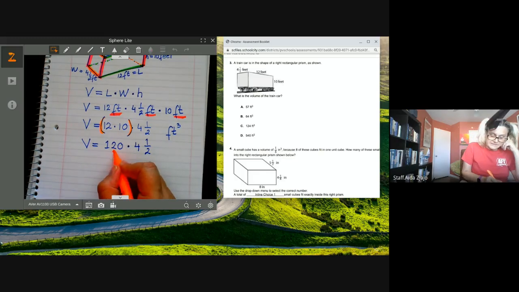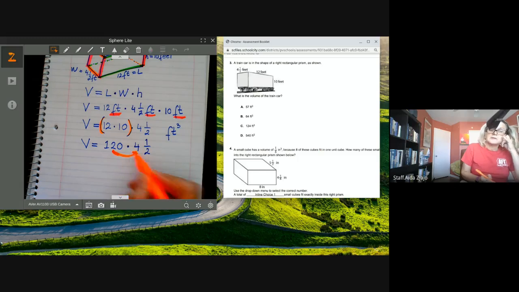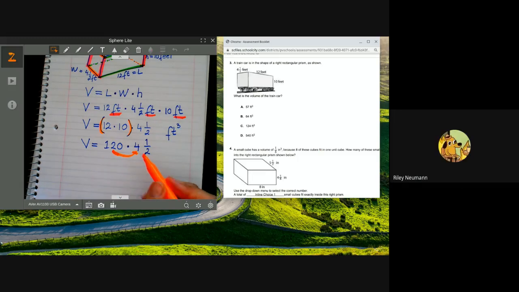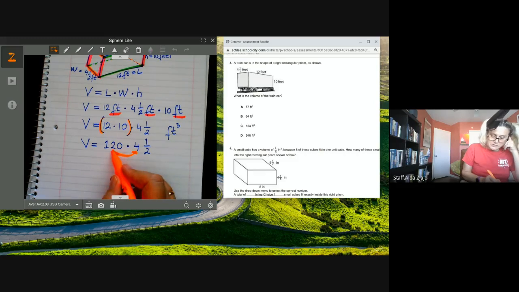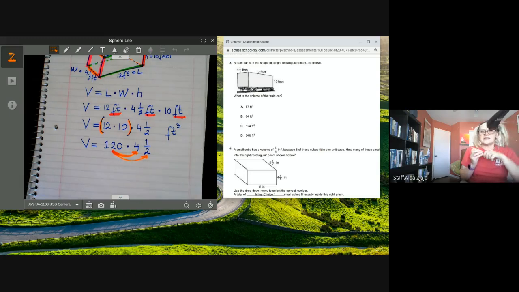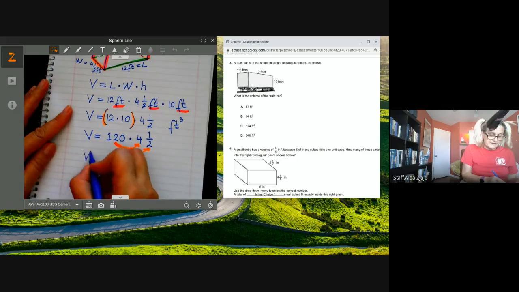120 with 4. And then what else? 0.5. Yeah, that's right. So it's okay. You don't need to do it in your brain. It's easier if you do it step by step.